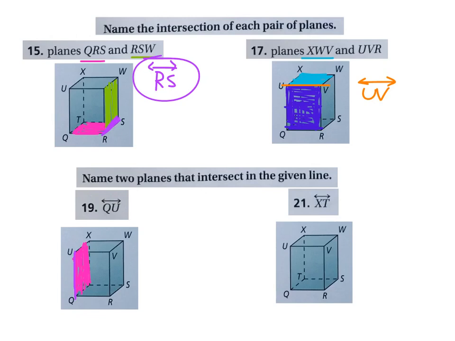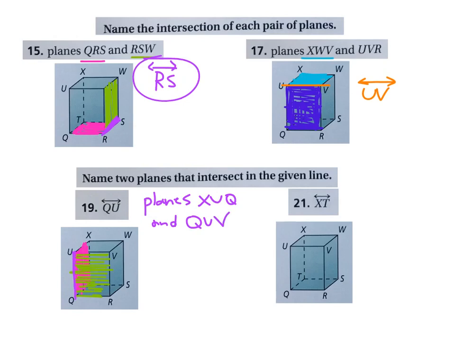And where do we see another surface? We see this front surface here, that front plane right there. And they come together at that edge right there, which is line QU. So what are the two planes? Well, we could call them planes XUQ and planes QUV.